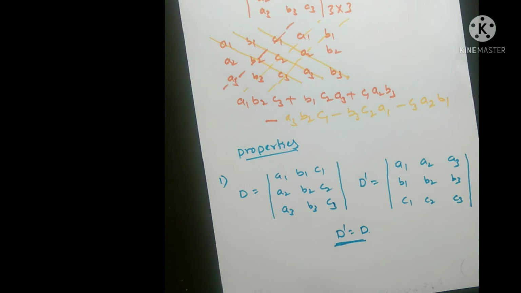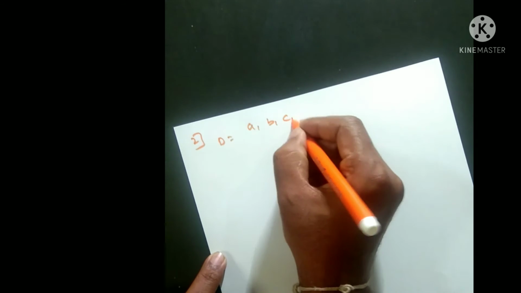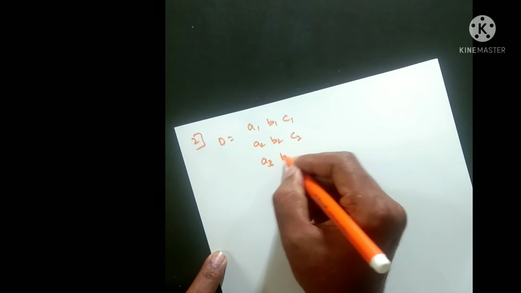Now let me come to the second property: if any two rows of the determinant are interchanged, then the value of the determinant only changes sign. What it means: I take a determinant D with rows A1, B1, C1, A2, B2, C2, A3, B3, C3.